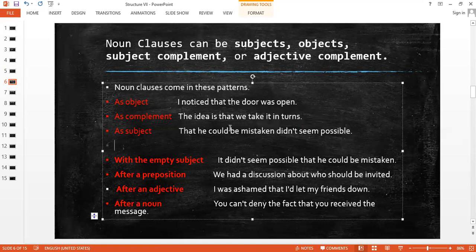So we can say that from this kind of characteristic, noun clauses can be object, complement, and subject. So noun clauses are like another common or regular noun actually.